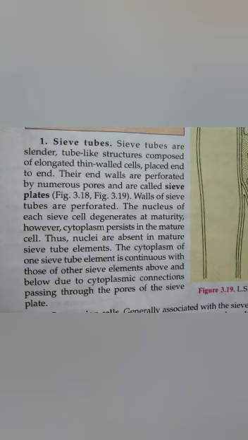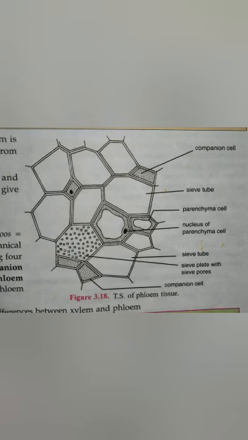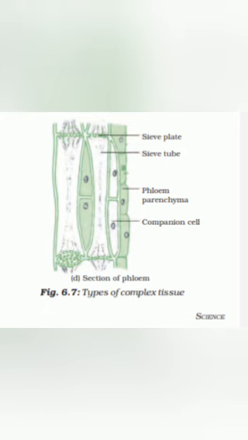And you can see that there is no nucleus in the sieve tube cells. Sieve tubes are devoid of nucleus because the nucleus is lost when the cells attain maturity. But it contains cytoplasm. In the sieve tube, conduction of the food materials will take place vertically.